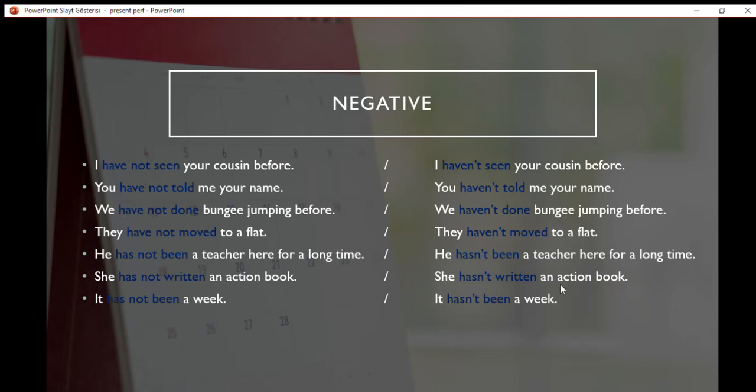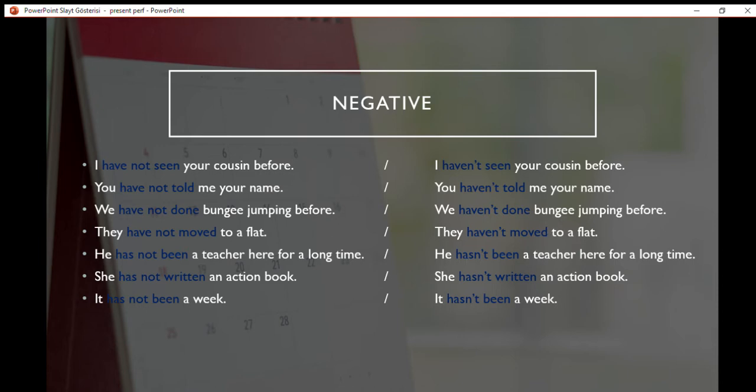Move, moved, moved. This is a regular verb, like watch, watched. Listen, listened. Play, played. So, if the verb is a regular verb, we put ed for past tense and for the third form as well.